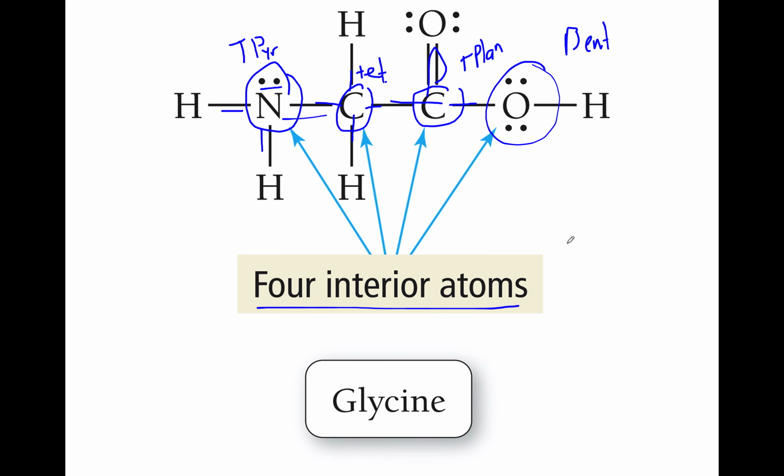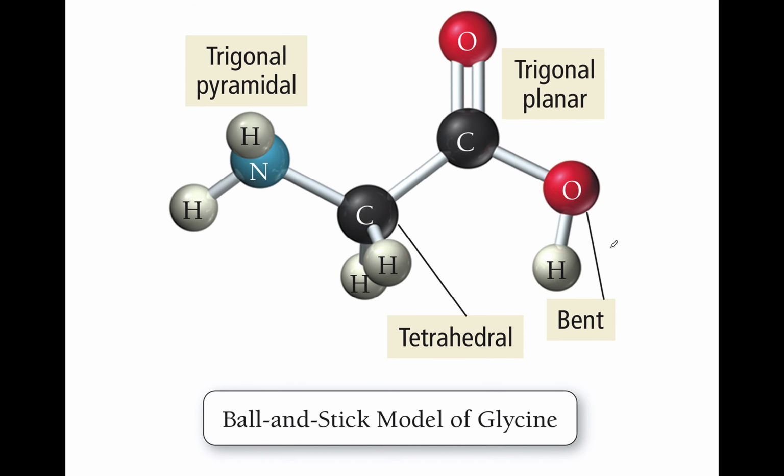And this oxygen, 4 electron regions and 2 lone pairs. That's bent. So the more complicated molecules you get, you just have to focus in on the central atom, how many bonds, how many lone pairs, and then know your shapes. This will definitely carry on as you continue in the sciences. And now you can see it: trigonal pyramidal has that shape right here. Tetrahedral has that shape. Trigonal planar, you can see that's all in one plane.